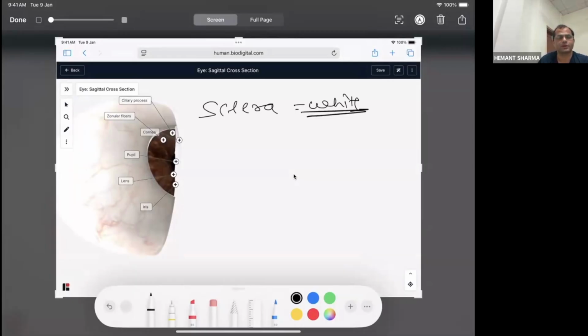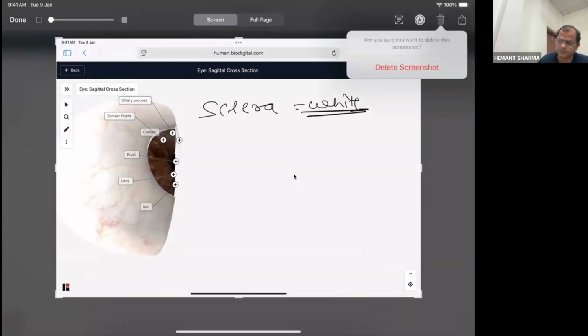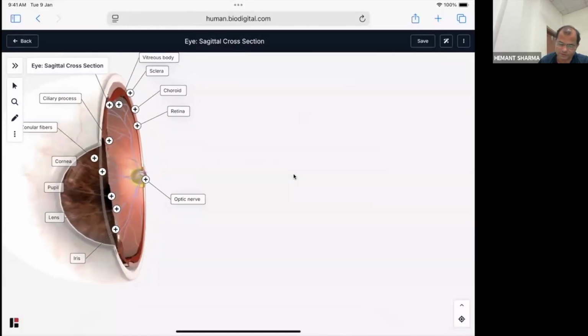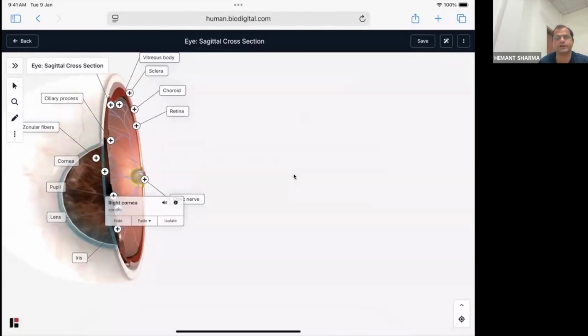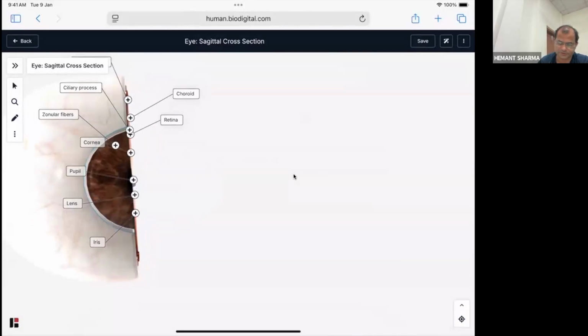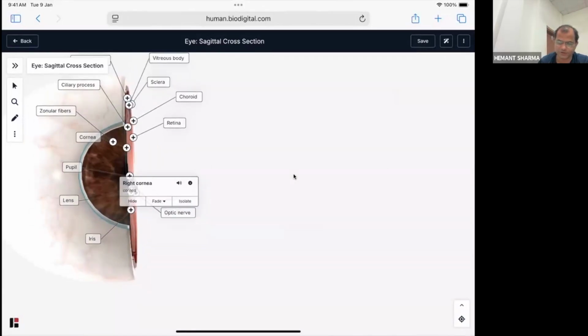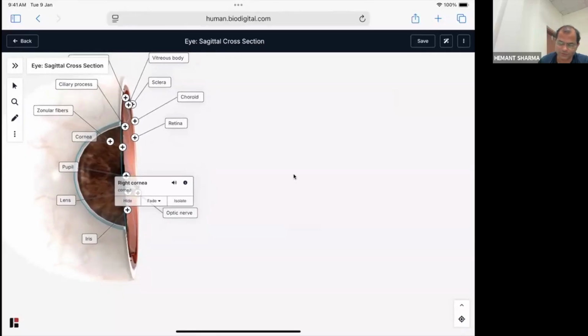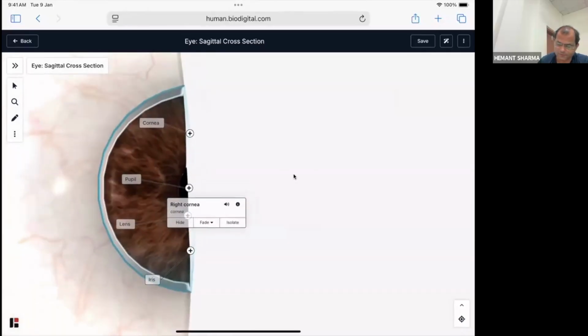Now, if we look at the front part of the sclera, यहाँ पर front part में it is absent. This is the front part of the sclera. वहां पर ये समझो कि एक बॉल में एक छेद किया गया.